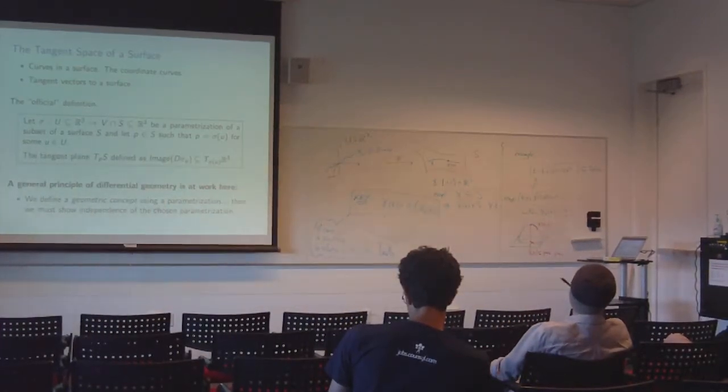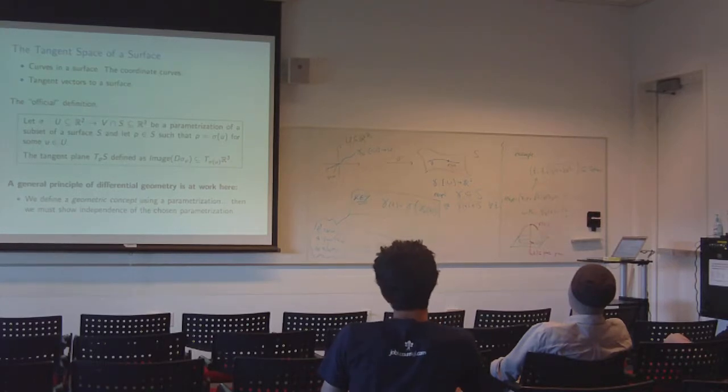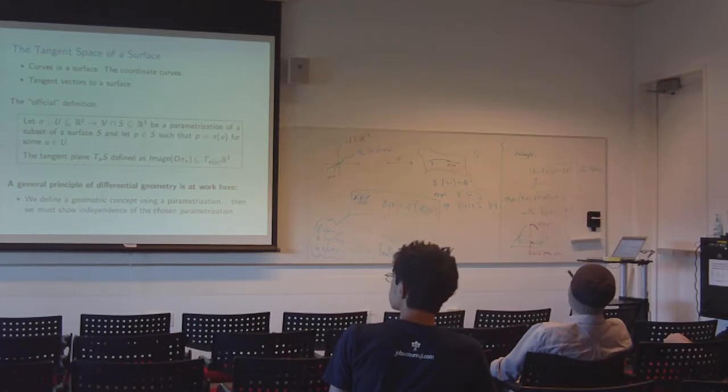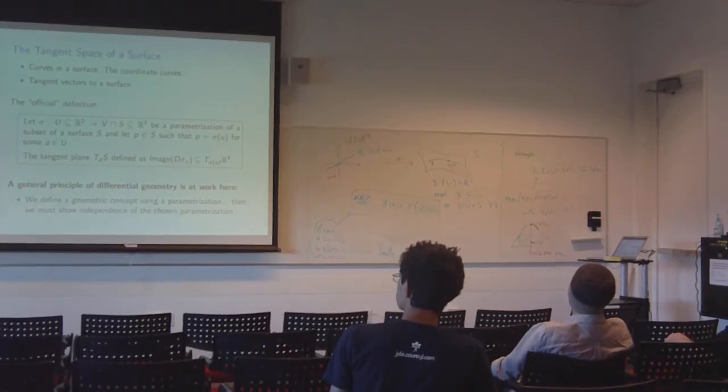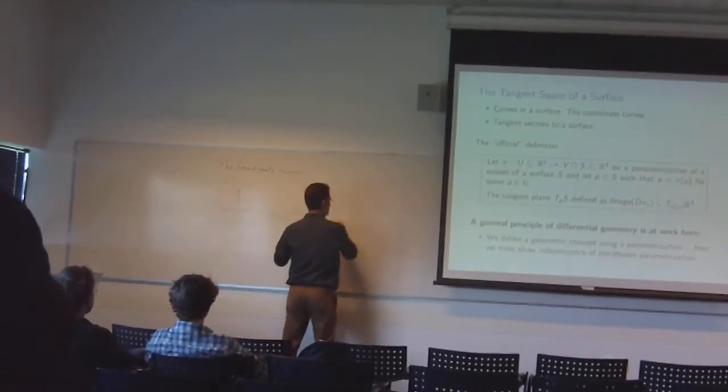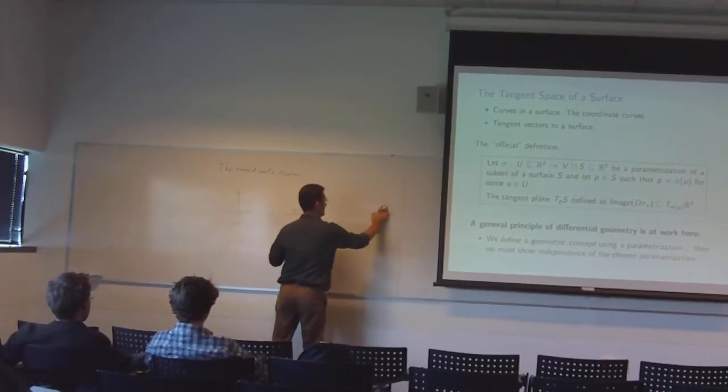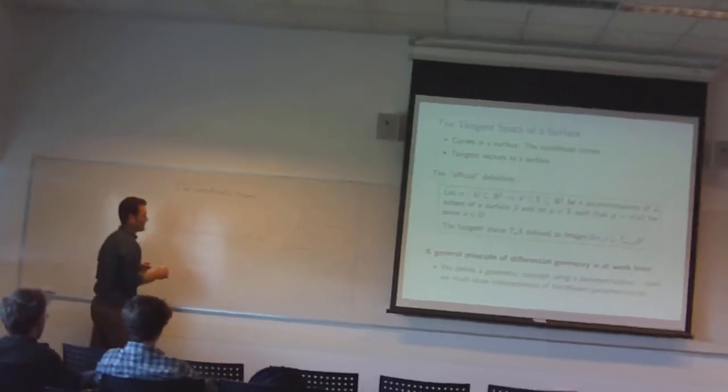What are the coordinate curves? So the coordinate curves are standard curves. These are the canonical curves relative to a coordinate chart. Well, one of these parameter domains, I should say.